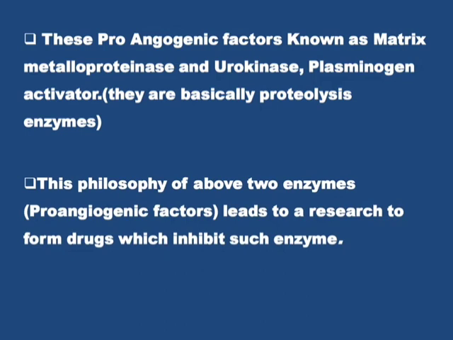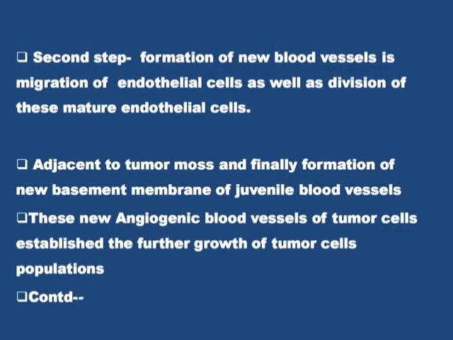Fibroblast growth factor, angiopoietin, vascular endothelial growth factor, and epidermal growth factor. These angiogenesis factors have a direct impact on the formation of new blood vessels in the tumor mass and its further growth, and are responsible not merely for tumor growth but also for the metastasis of tumors.